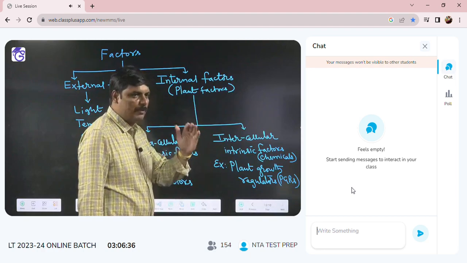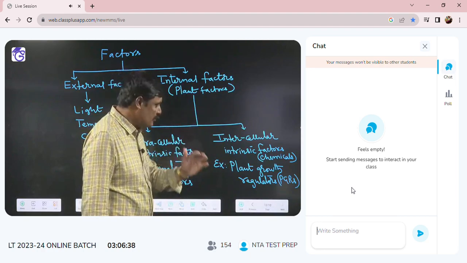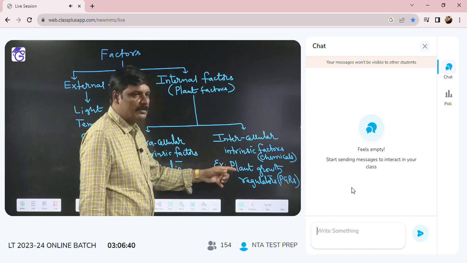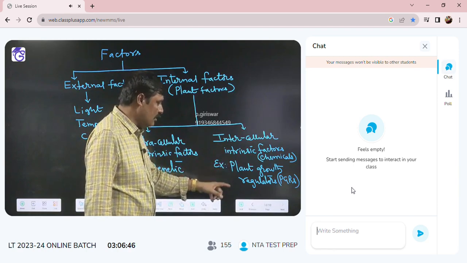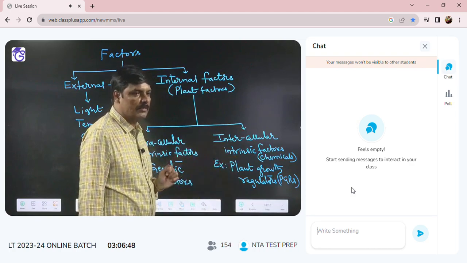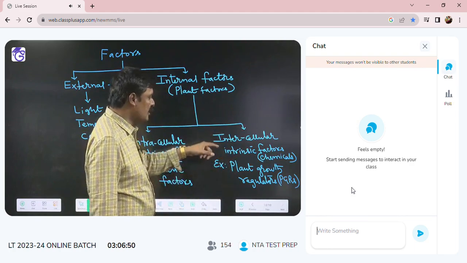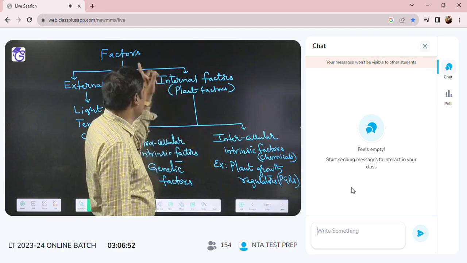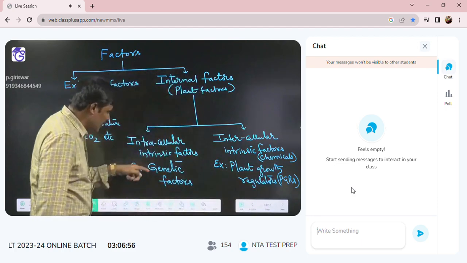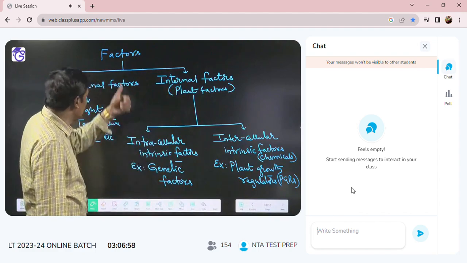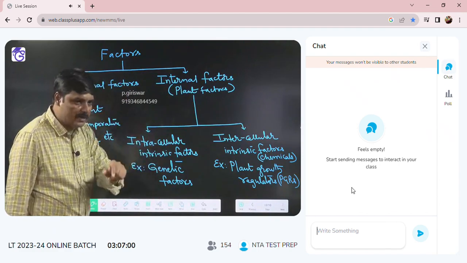All these five hormones come under chemical factors, nothing but plant growth regulators. They are called PGRs. So intercellular intrinsic factors that influence plant growth are PGRs, and intracellular intrinsic factors that influence plant growth are genetic factors.